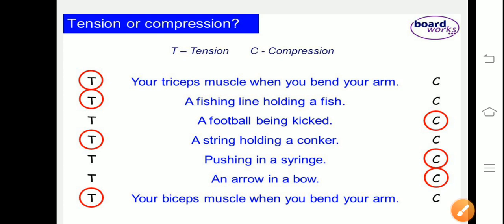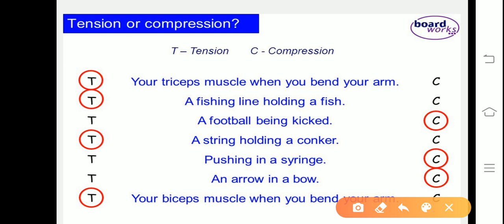And a string holding a conker. Already we discussed, nothing but tension force. Pushing in a syringe. Have you tried any time? When you press the piston, the air or liquid inside the syringe will come out from the nozzle, right? That's why it is a compression.